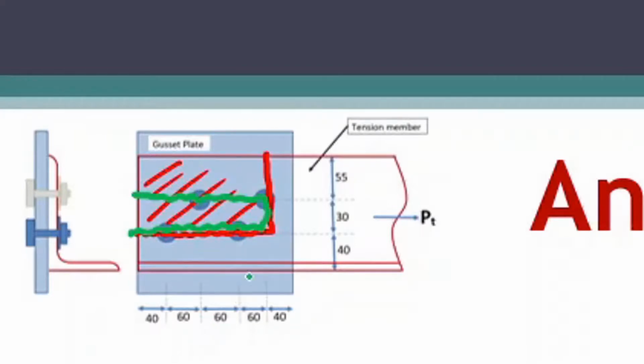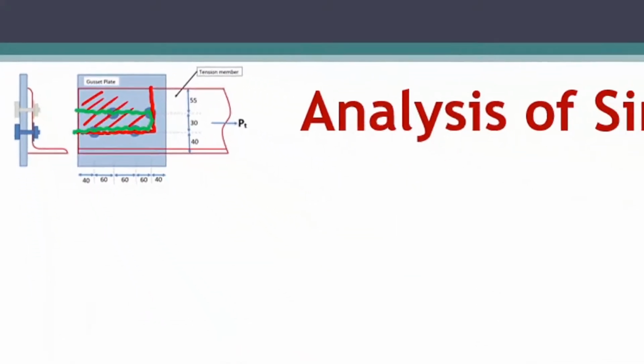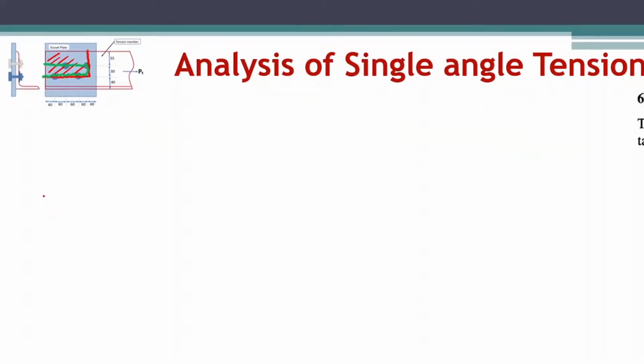So among both the possibilities, whichever gives the least block shear strength has to be used, that is the strength of block shear. Let's draw the first possibility.